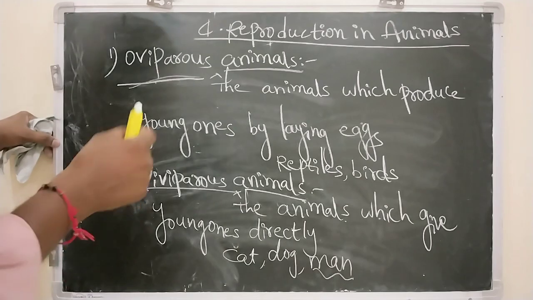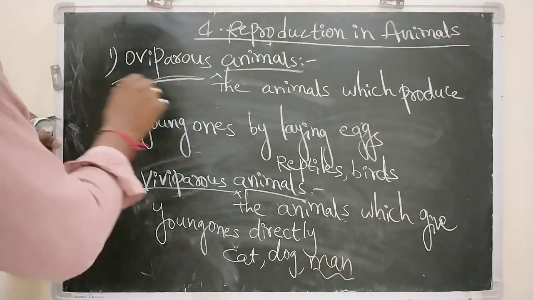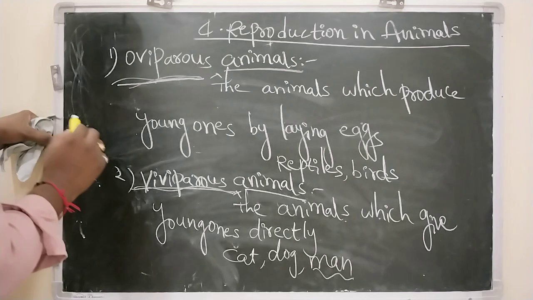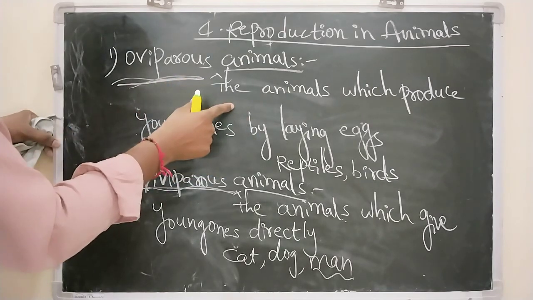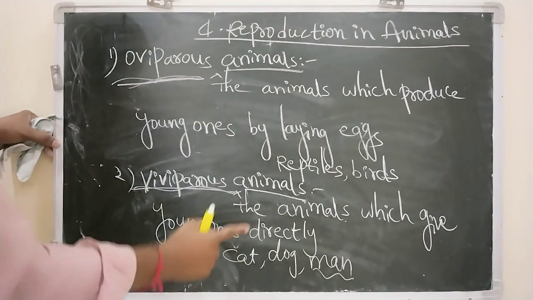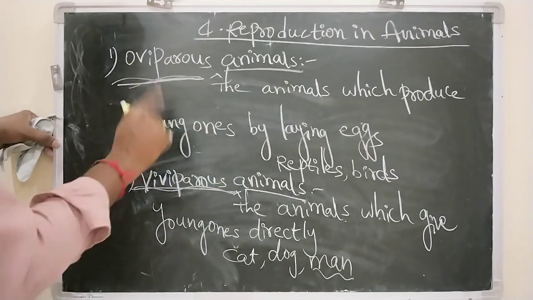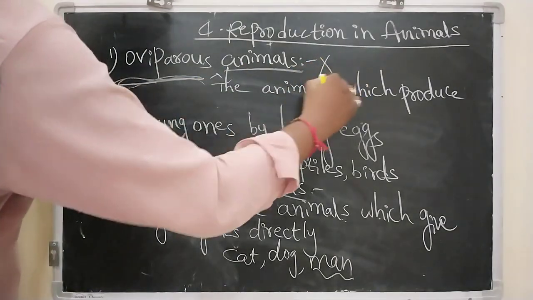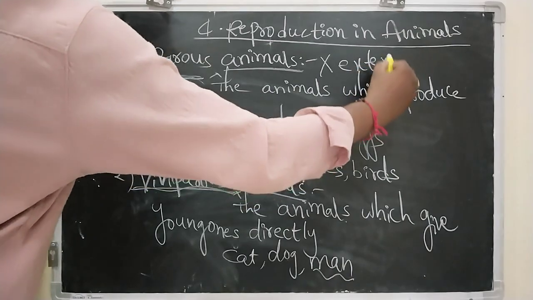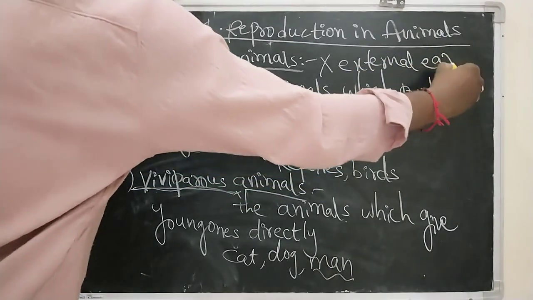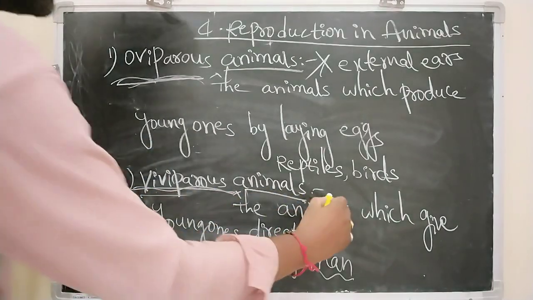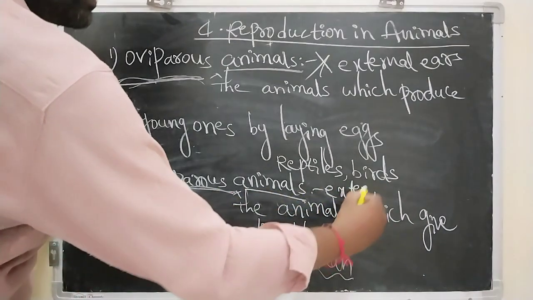And we will see a few differences between oviparous and viviparous animals. What are the main differences? This is the major difference: oviparous animals lay eggs, while viviparous animals give young ones directly. Another one is that oviparous animals do not have external ears, so external ears are absent, whereas in viviparous animals external ears are present.